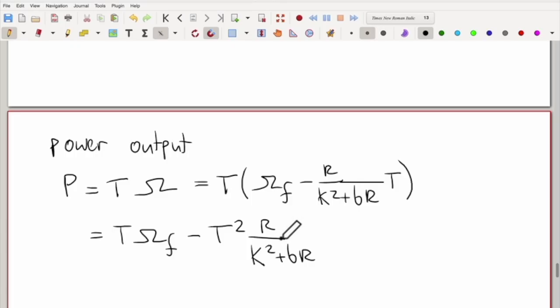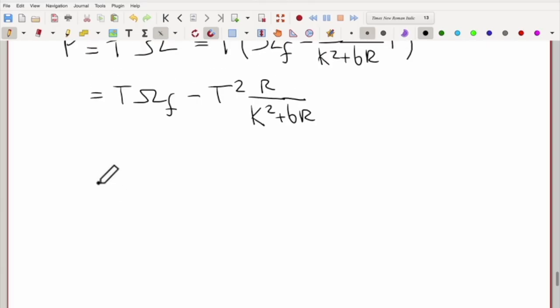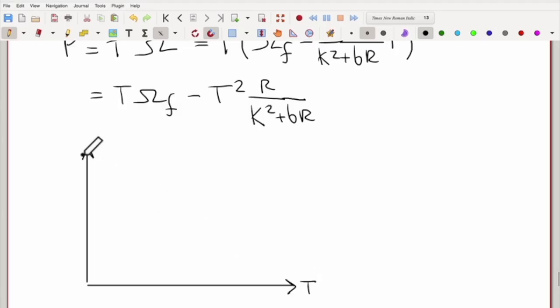All right. So this is going to look like an inverted parabola, because we have a minus T squared there, and then we have a T there. Let's just draw what it looks like. We're going to plot T on this axis, but we're going to have a few different things we're going to plot on the vertical axis, so I'm not going to label that one.